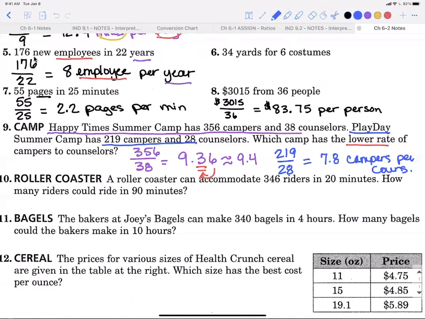If the question was how many campers were there per counselor, you would have to round to 7, because you can't have 7.8 and you don't quite have 8. So if the question was at Playday campsite, what's the most amount of campers per counselor, your answer would be 7. But we're not asking that right now. We want to know which camp has the lowest rate of campers to counselors.